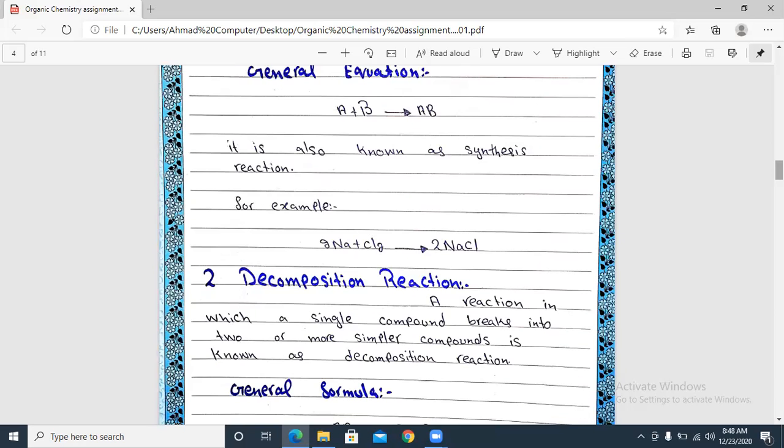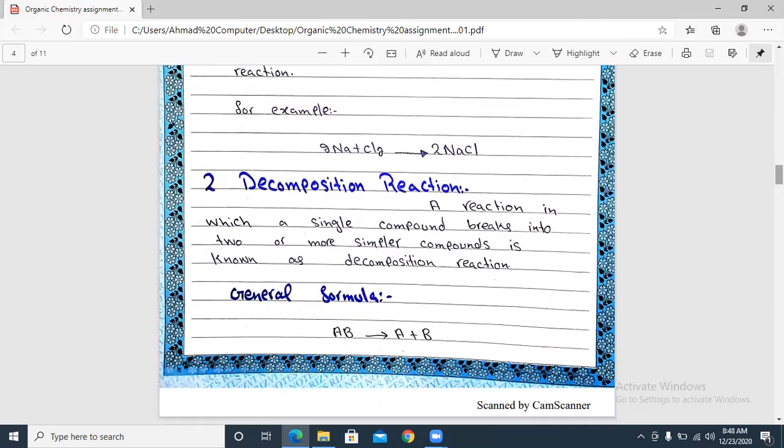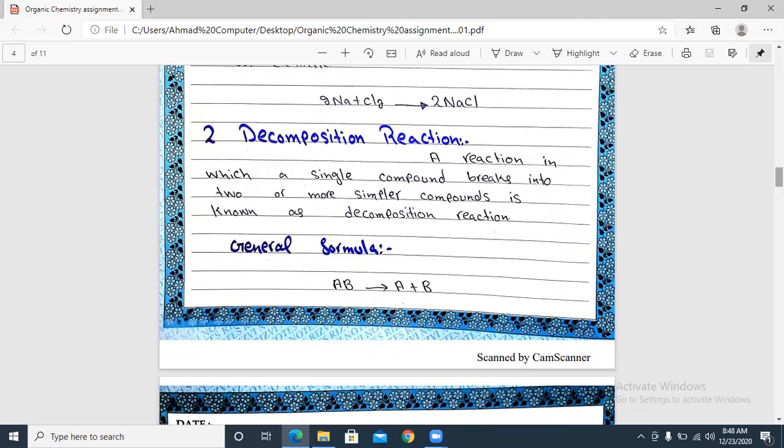For example, two sodium atoms react with chlorine and form two NaCl. The second type is the decomposition reaction, a reaction in which a single compound breaks into two or more simpler compounds.